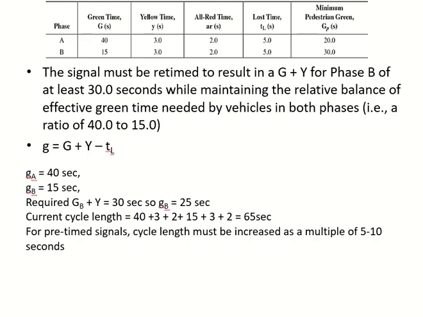Agreed or not? If I increase this time, which was 20% of the total, but I did not do anything with this one, the total is always 100, right? This was 20%.